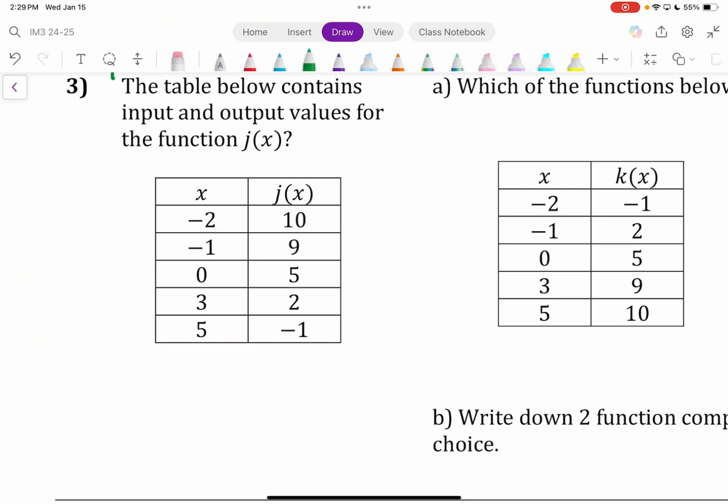So here we have the left side, which would be the initial inputs, and the right side, which would be the initial outputs. In this case, I labeled both of them initial because initial means my first function. My first function is function j.